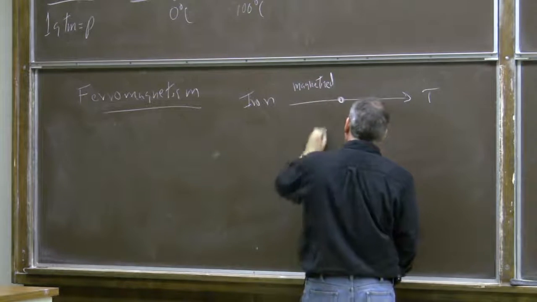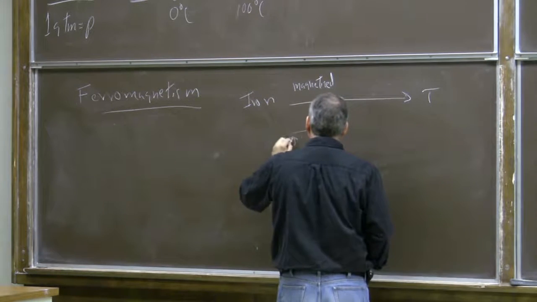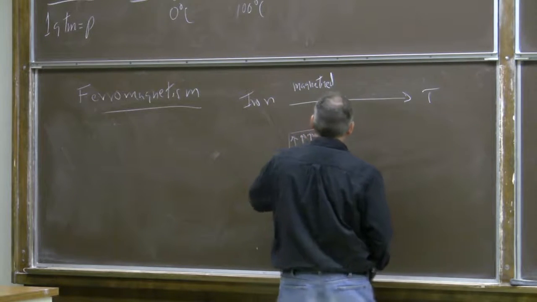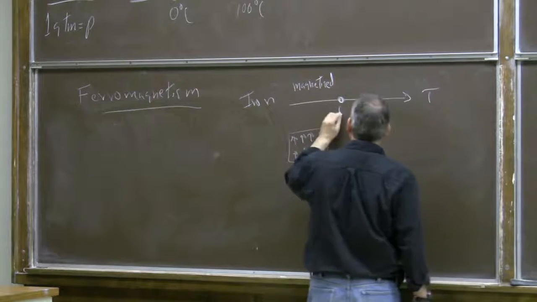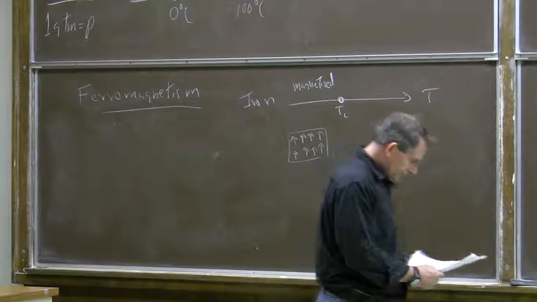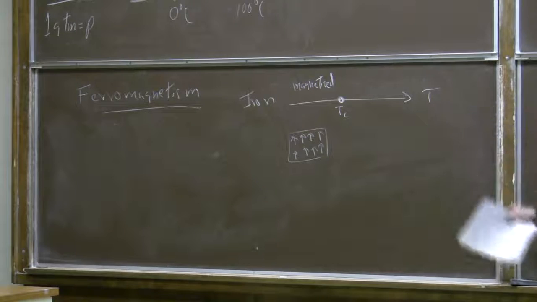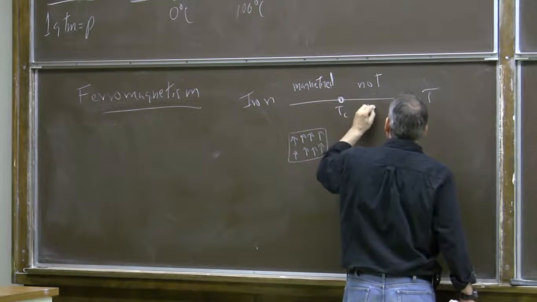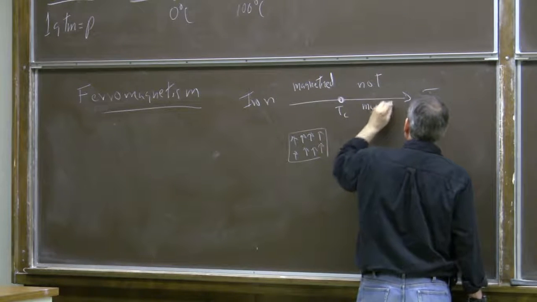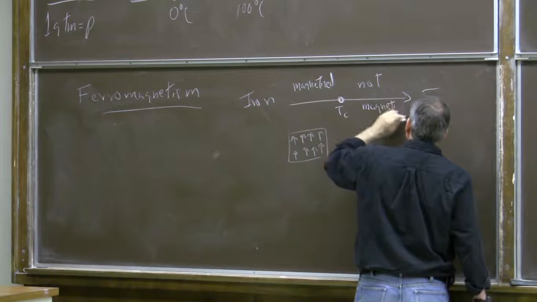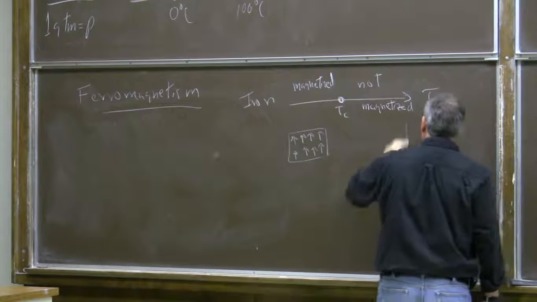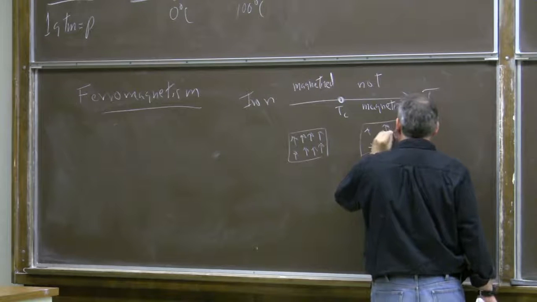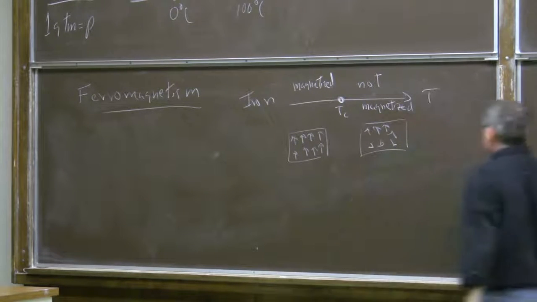Or it has a magnetic moment. The spins in the iron like to align. But there's some critical value of the temperature such that above the temperature the iron is, well, I'll just say, not magnetized. It has no spontaneous magnetic moment. Rather, because of thermal fluctuations, the spins are pointing in different directions. And there's no bulk magnetic moment.